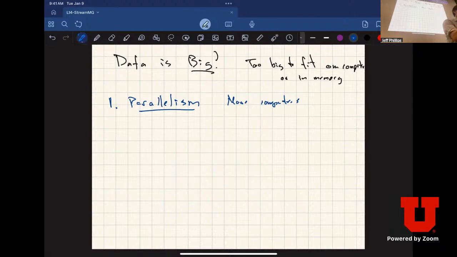There used to be a section in this class or lecture on MapReduce, which 10 years ago was kind of the coolest thing. It was like what these chatbots are now. It figured out how to make parallelism very easy, especially for tasks in data mining.